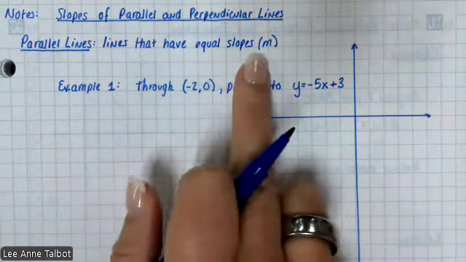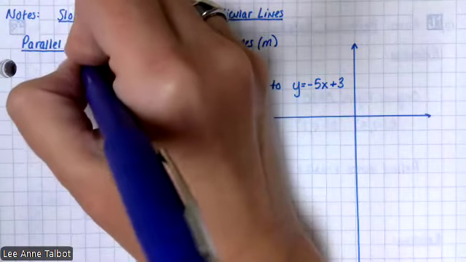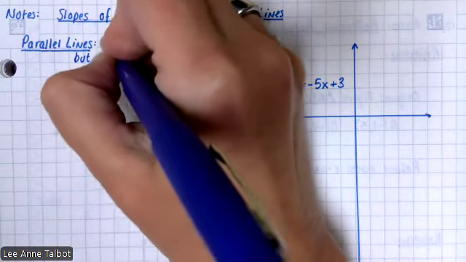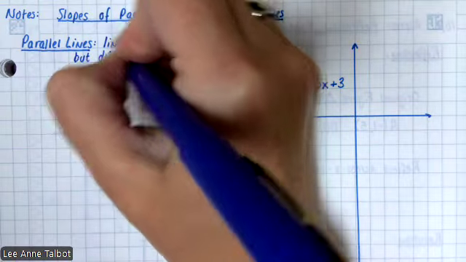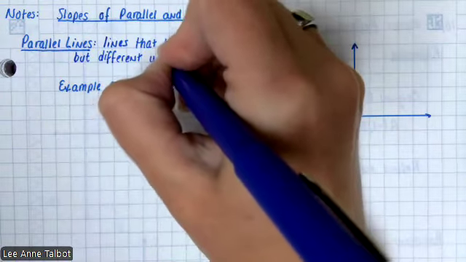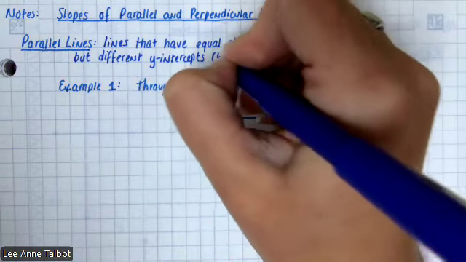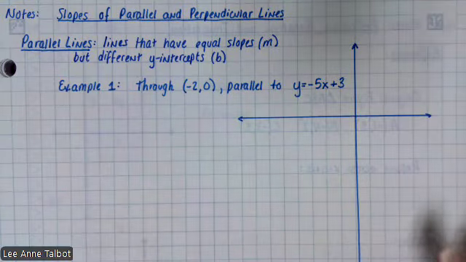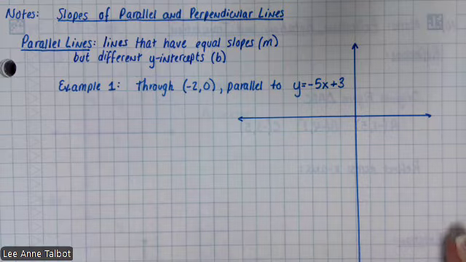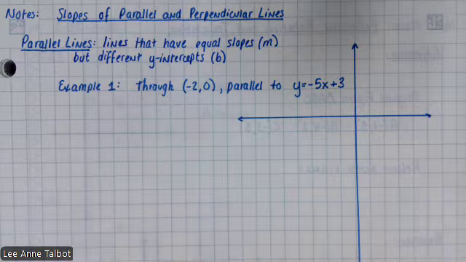So m is equal, but different y-intercepts. What I mean by that is they have equal m's, but their b's are different. So they have equal slopes, different y-intercepts.